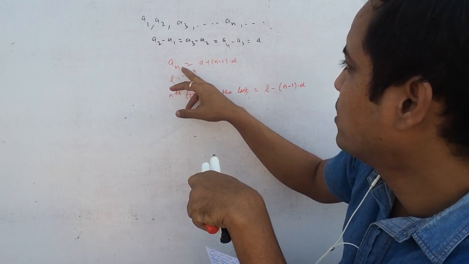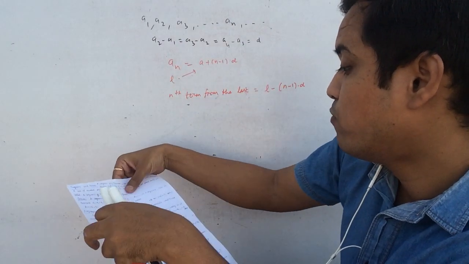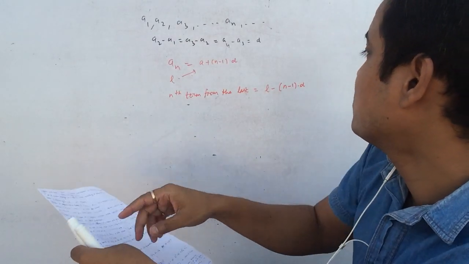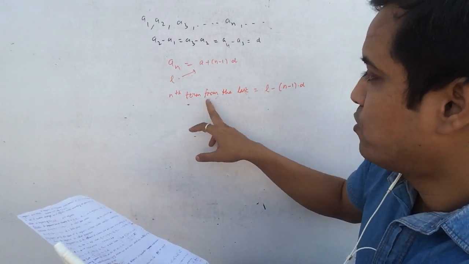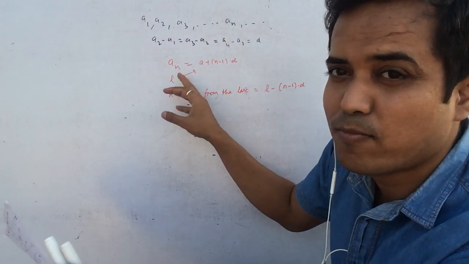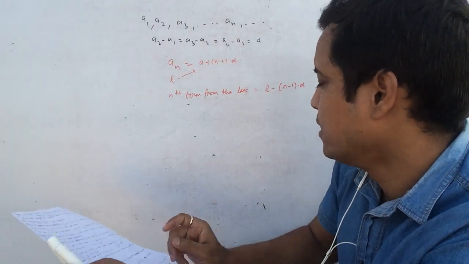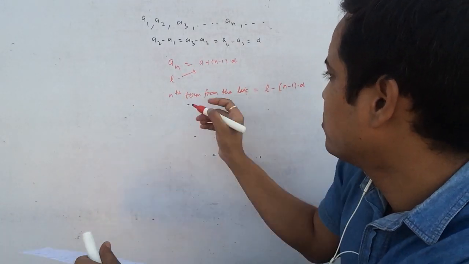What would be the value of your nth term? A plus n minus 1 into d. What would be the value from the last? It will be L minus n minus 1 into d. The nth term from the last would be L minus n minus 1 into d, and the nth term from the beginning would be A plus n minus 1 into d. What about the sum?